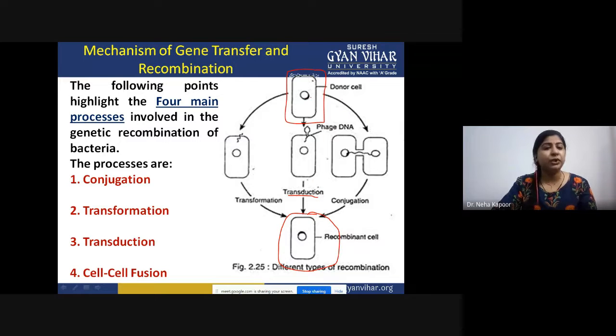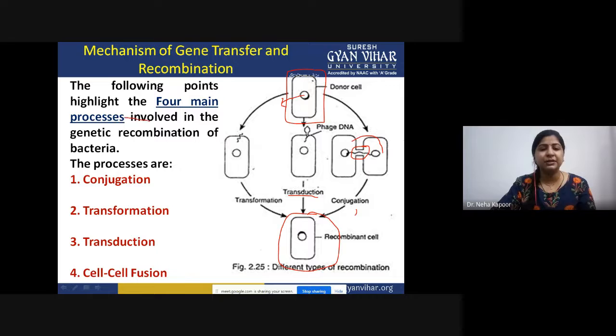If this donor cell is transferring the DNA with the help of a conjugation tube, this process is known as conjugation. If natural transformation is happening, in which DNA is directly taken up by a recipient bacteria, that process is known as transformation.